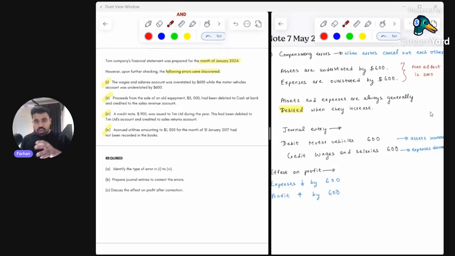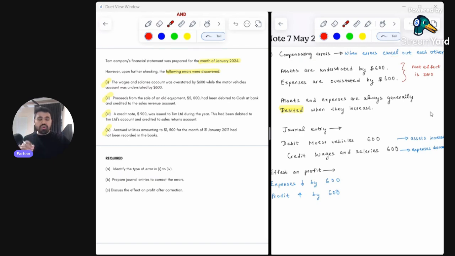But here, you are decreasing the assets and increasing the expenses, as a result of which the net effect for the total of debits is ultimately zero. Okay? And this type of error is what we refer to as a compensating error, where errors end up canceling out each other. Okay? Now, how do we fix this?